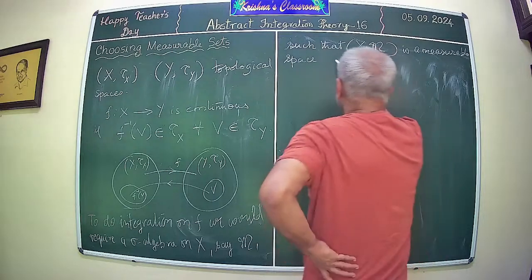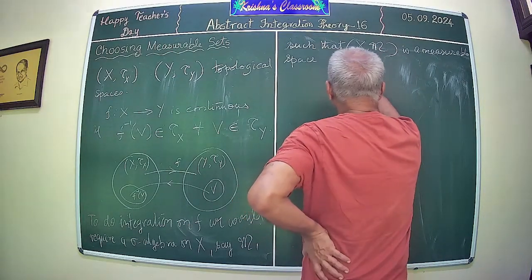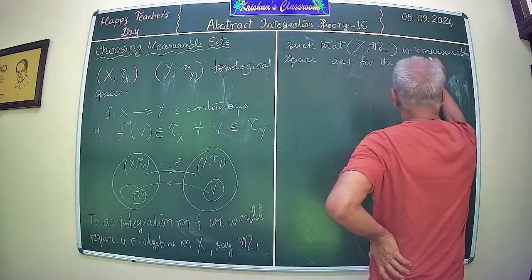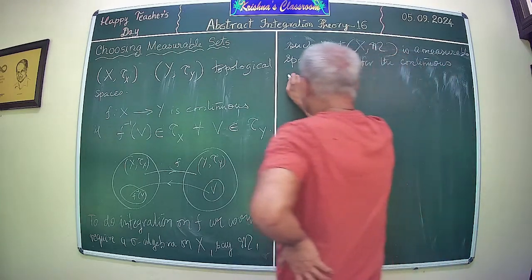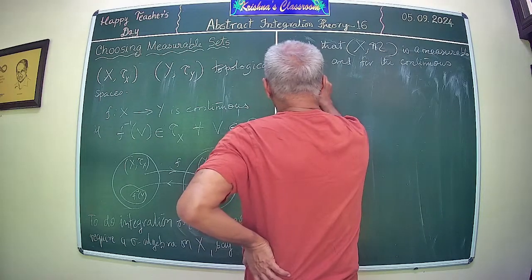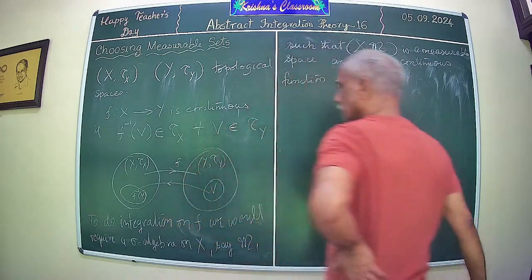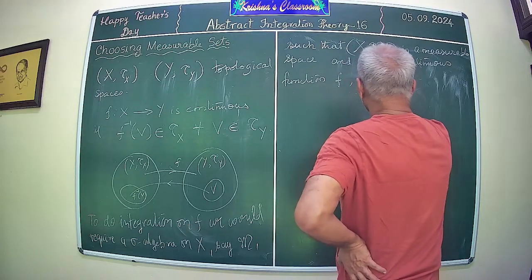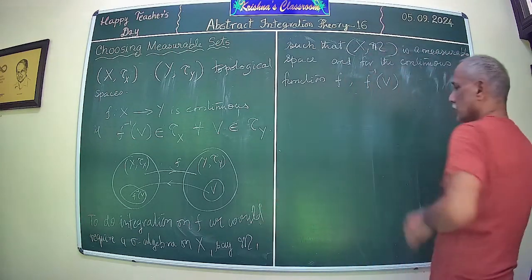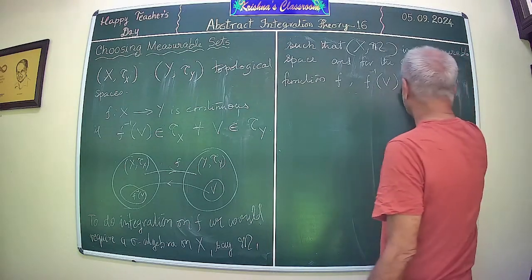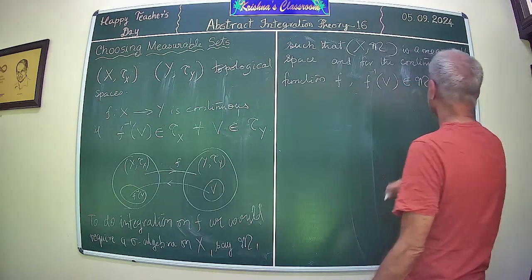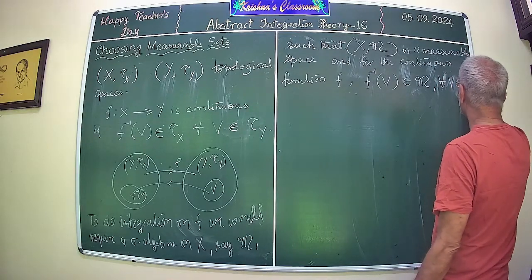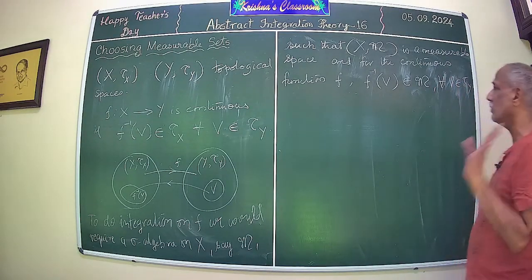And for the continuous f, f inverse of V should belong to M for every V in tau Y. This is what is needed.